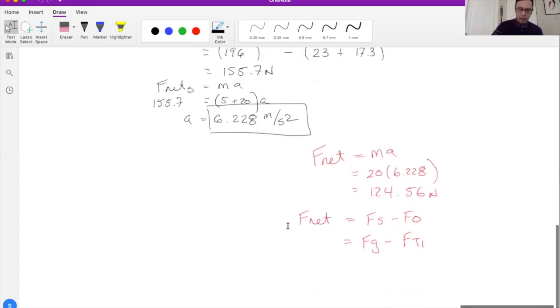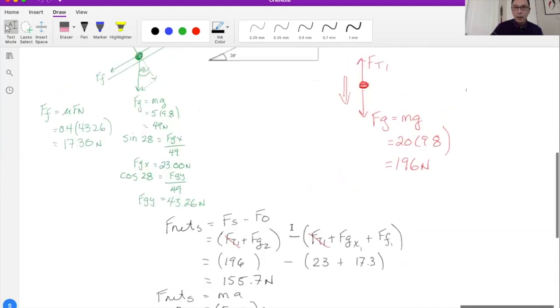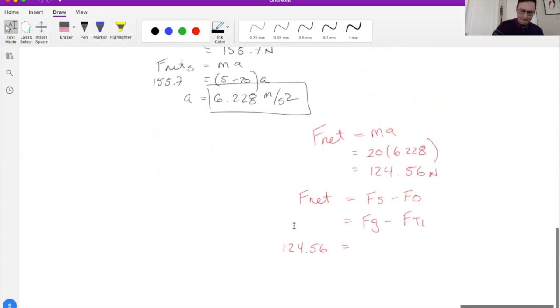So F net here for object 2 is 124.56. Force of gravity was, let's go back and look, 196, minus force tension 1. Subtract 196 from both sides, and I get force tension 1 is equal to 71.44 newtons. Hopefully I haven't made any mistakes.